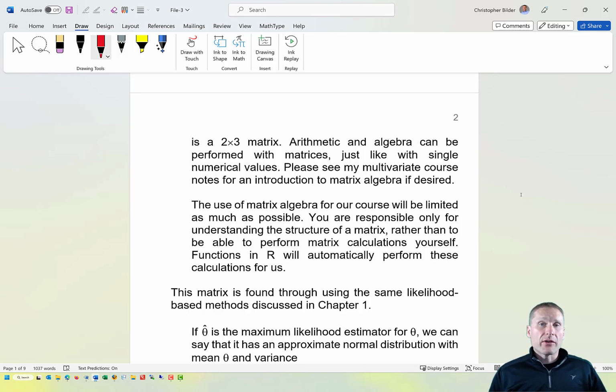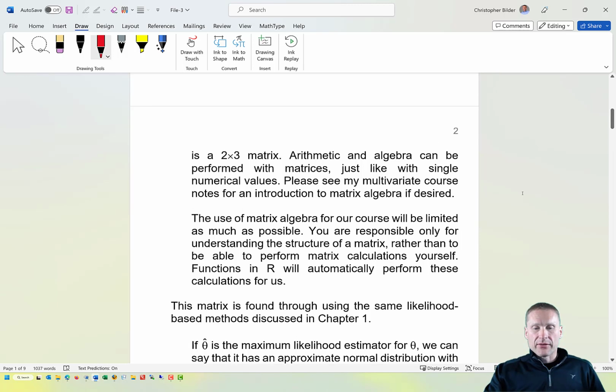However, you're never going to need to know how to add matrices together, multiply matrices together, or maybe even invert matrices. But unfortunately, we just can't get around totally not seeing matrices altogether. So what you need to get out of it, if you're not familiar with matrix algebra, is to understand the basic construct of what a matrix is, as I just described. Fortunately, R will be able to handle our matrix algebra calculations for us.